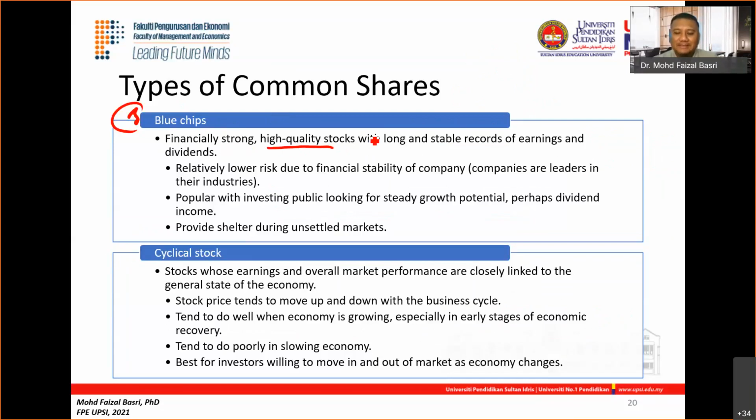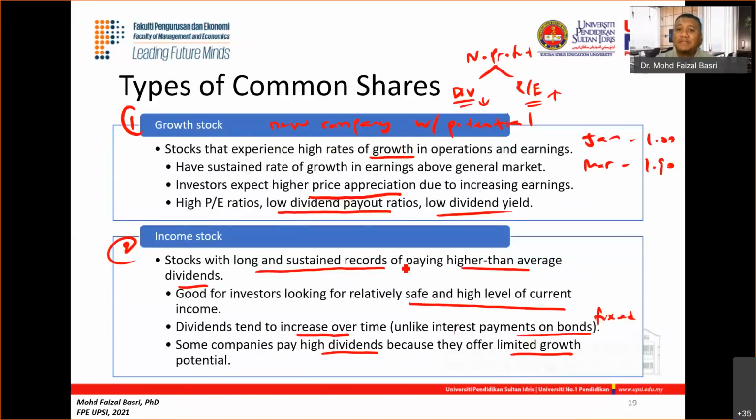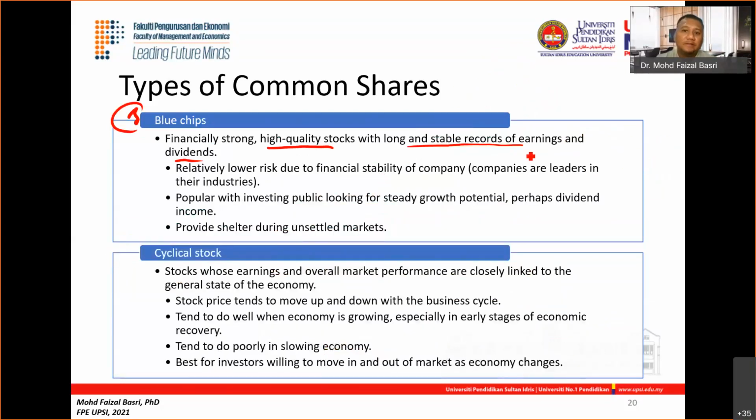So this is considered better than income stocks. Income stocks also have long and sustained records, but this is much better in terms of the records. Relatively lower risk. If you invest in these blue chips, you shouldn't worry too much about the performance of the company because the companies are very strong fundamentally and financially. And they are considered the leaders in their respective industries.